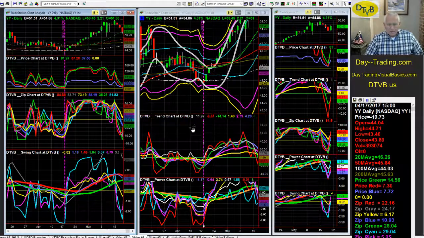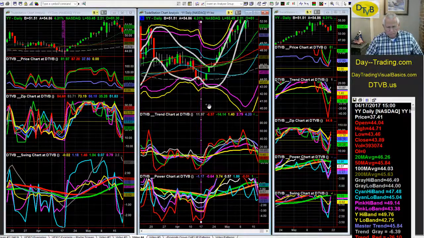All right, now that being said, I'm going to go back one day here. This pink vertical line right now is the day before the bottom of the cycle. When this happened, you also have the red crossing over the green, I believe. Let me double check this.